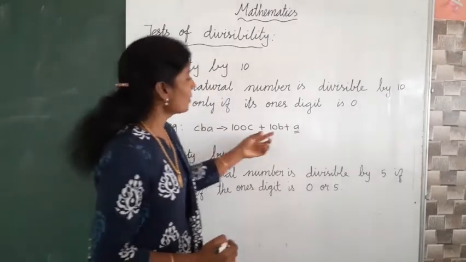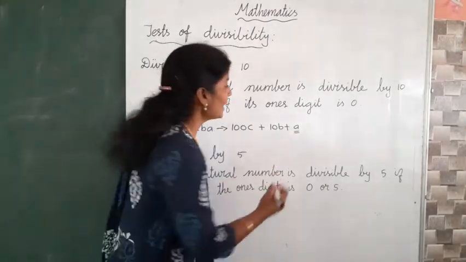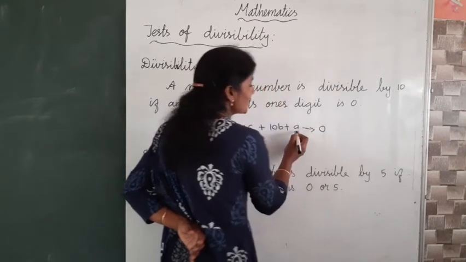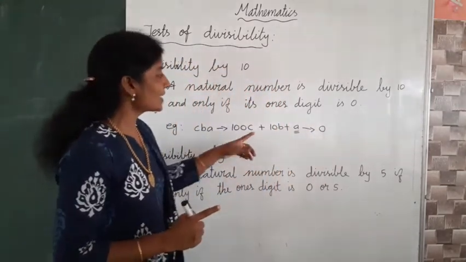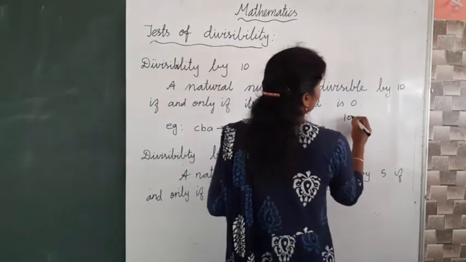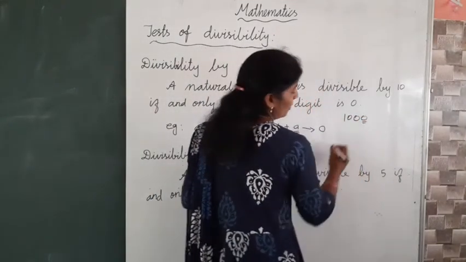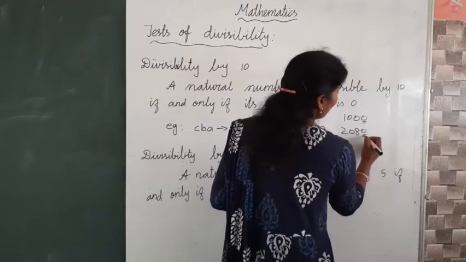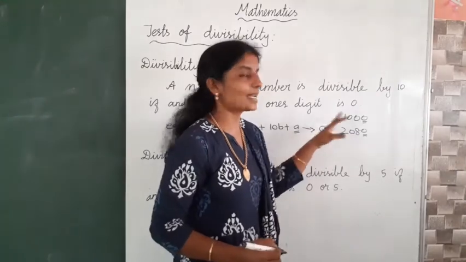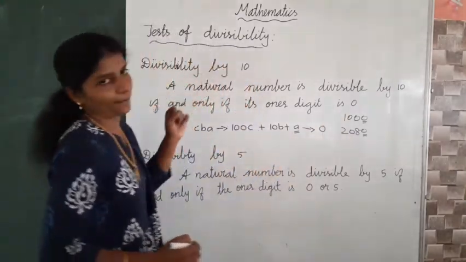Now if A is 0, the ones digit is 0, so we can say that number is divisible by 10. For example, 1000 has ones digit 0, and 2080 has ones digit 0. So we can say 1000 and 2080 are divisible by 10.